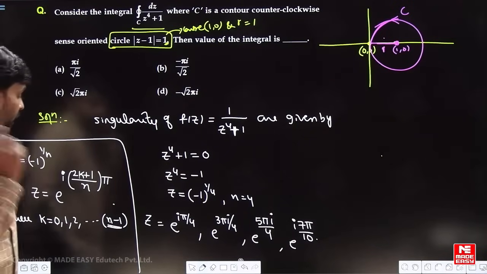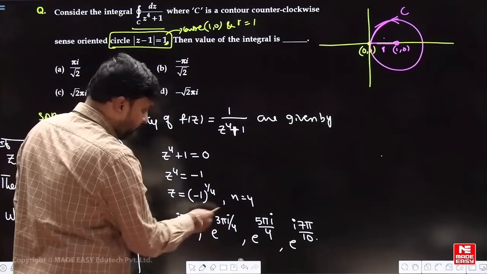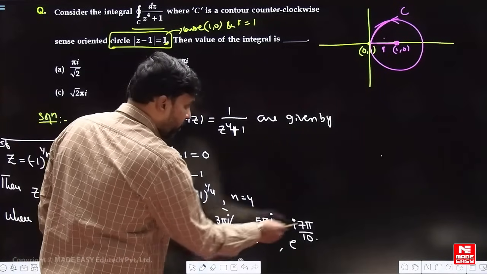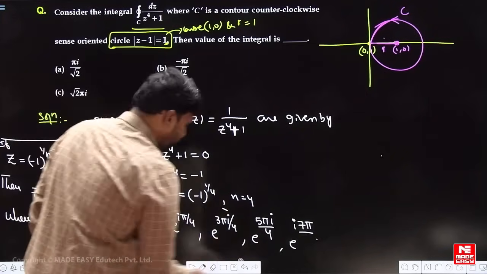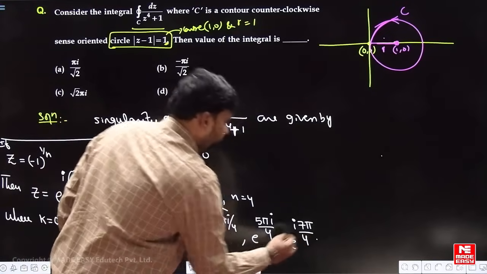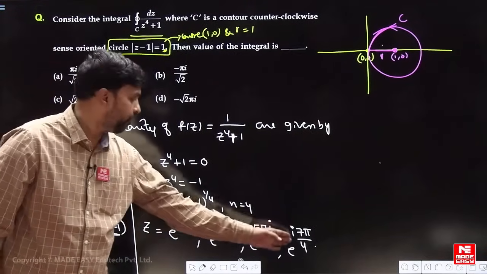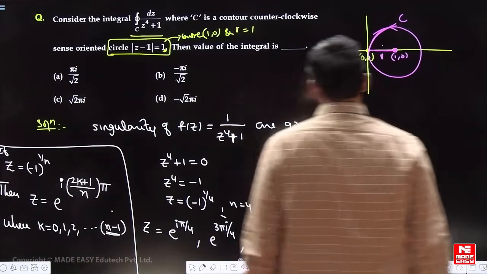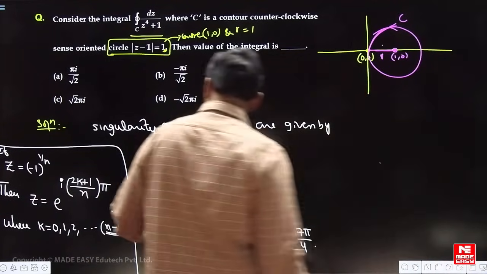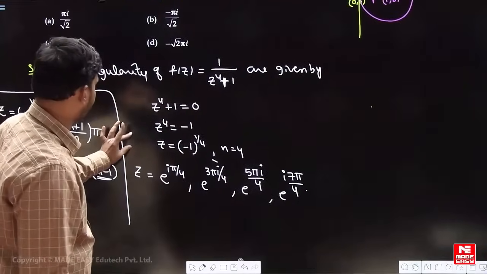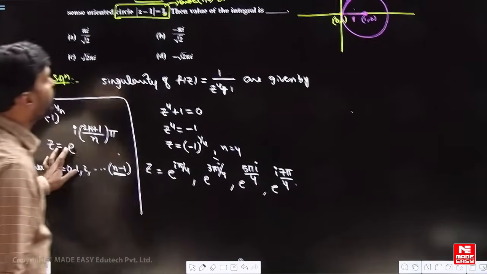Now, according to the angle, this is in the first quadrant, this is in the second quadrant, this is in the third quadrant, and this is in the fourth quadrant. Right or not? Now let me write something more about the poles here.